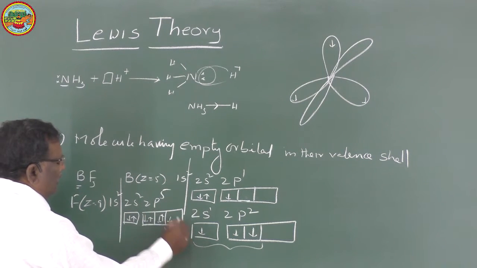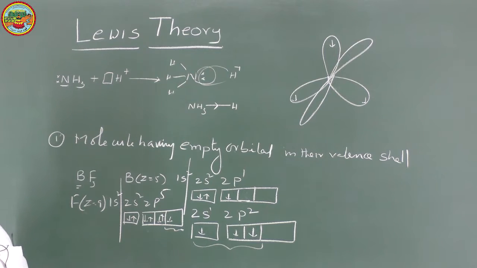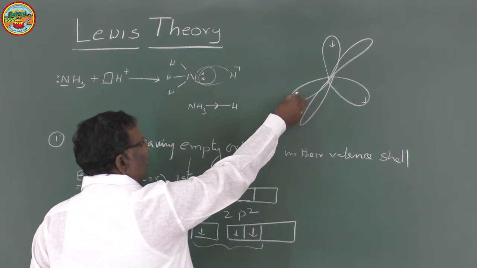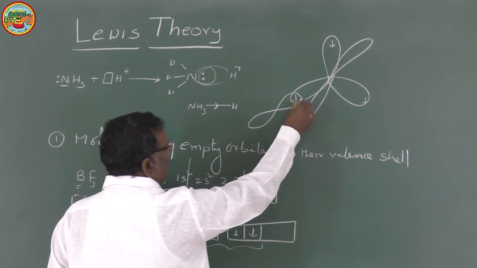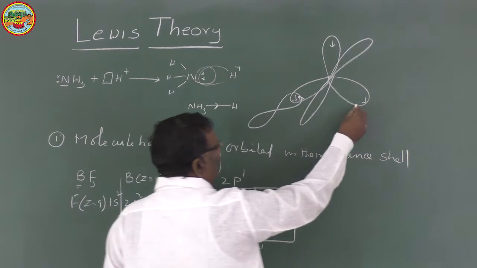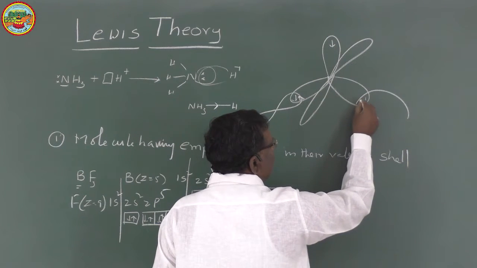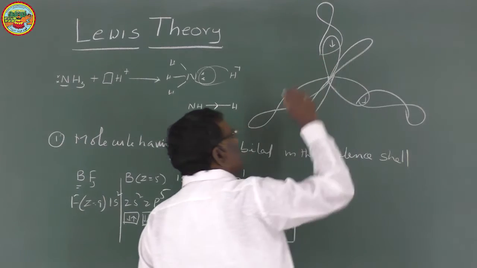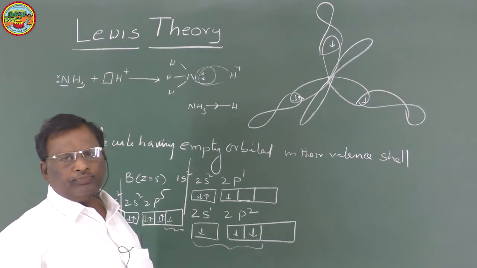That means 1 half-filled p orbital is present in fluorine. Now this half-filled p orbital of fluorine overlaps with the half-filled sp2 hybrid orbital of boron to form B-F sigma bonds. Such 3 bonds are formed.